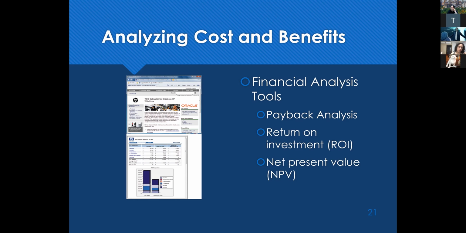These are financial analysis tools that all business owners need to know. Also, if you are a consultant or system analyst, you should be able to help analyze this kind of financial information for the management.